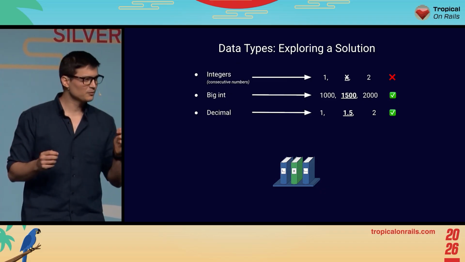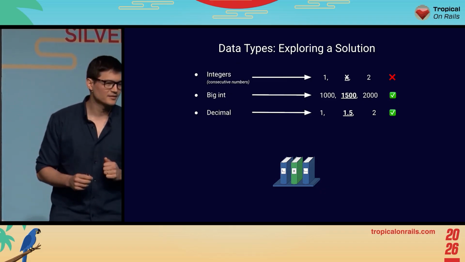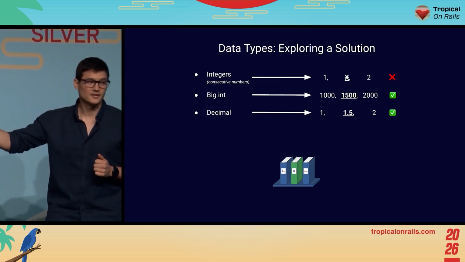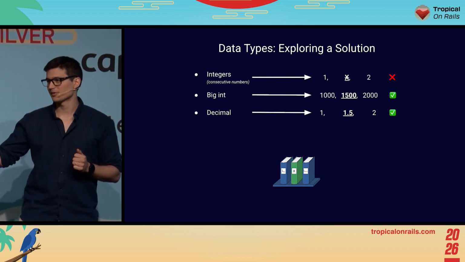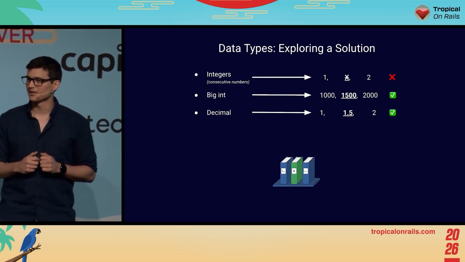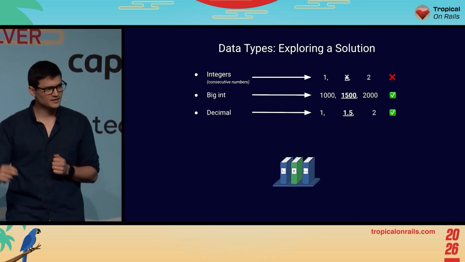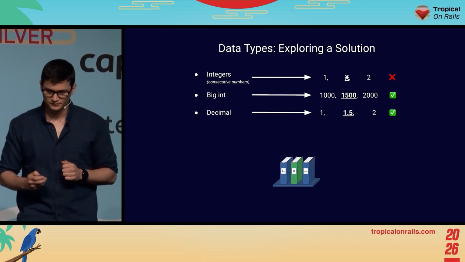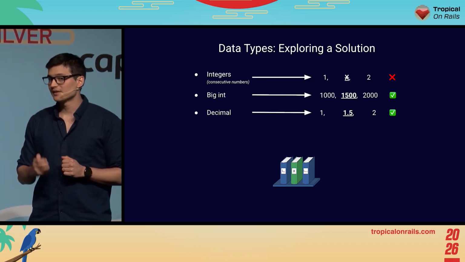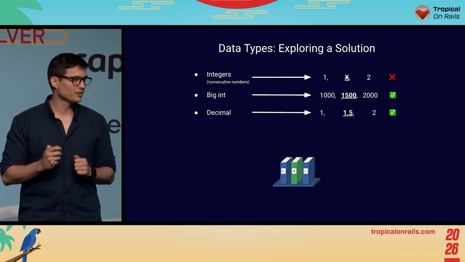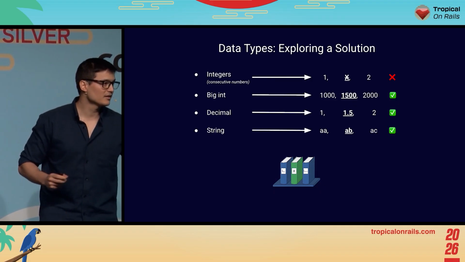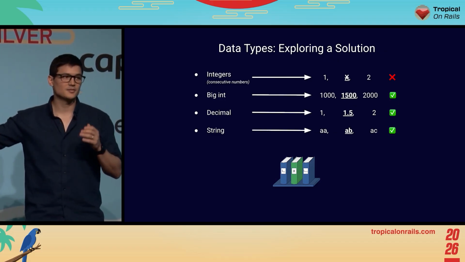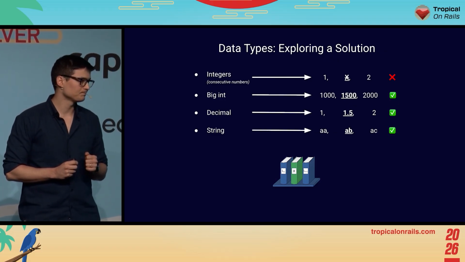You might remember, working with decimals is hard at the application layer, divisions. The representation at the database layer sometimes is different than the representation at the application layer. But still, this is something that we can fix. We can work around it. And finally, there is a third data type that works pretty well: strings. AA, AC, insert in between AB.